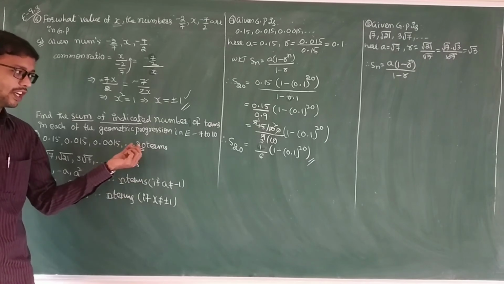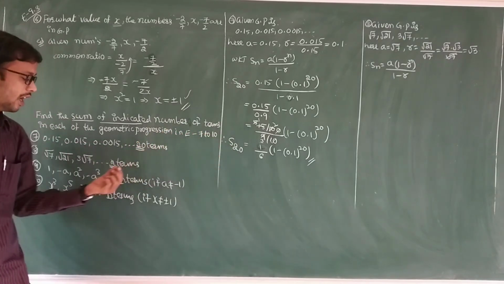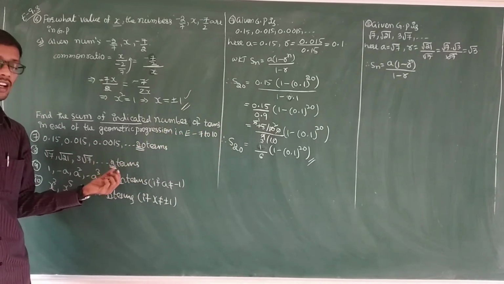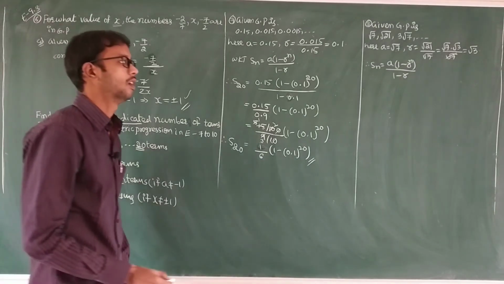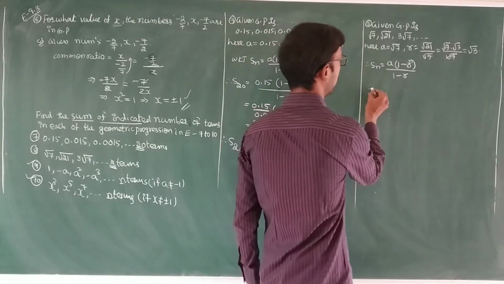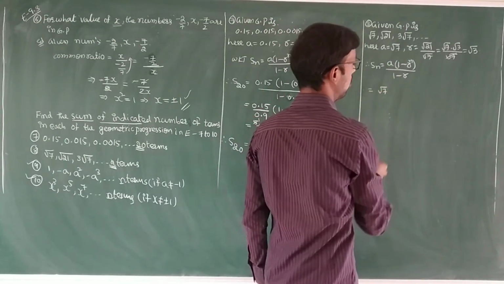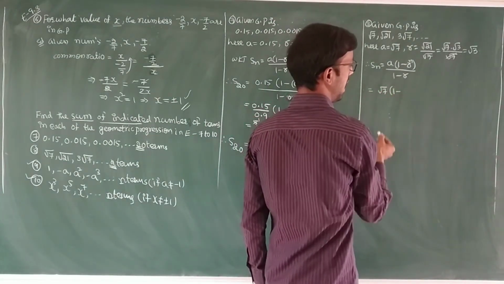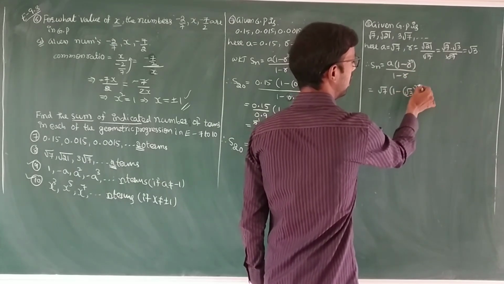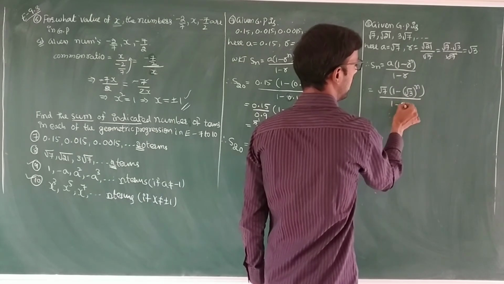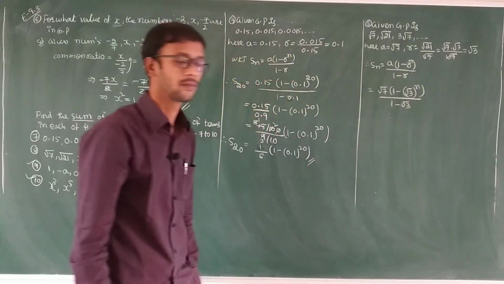In the previous problem 20 terms were asked, so 20 was substituted. If no number is asked, n is there, so just continue with n for these problems. Now substitute: root 7 into 1 minus root 3 power n, divided by 1 minus root 3.